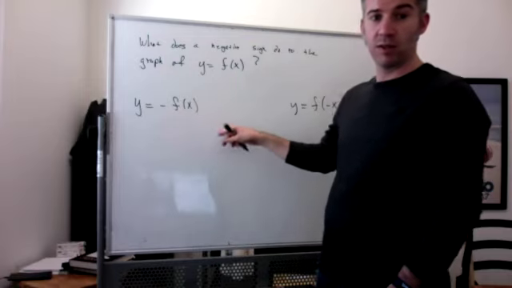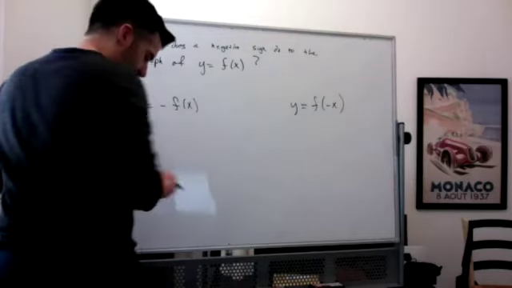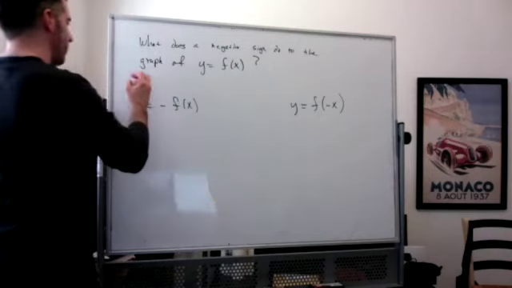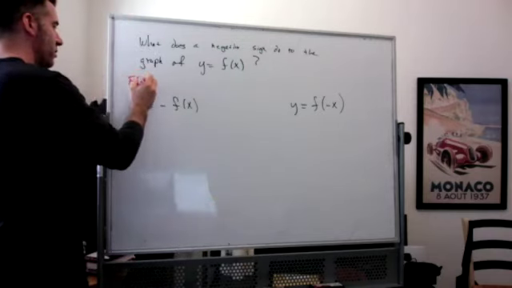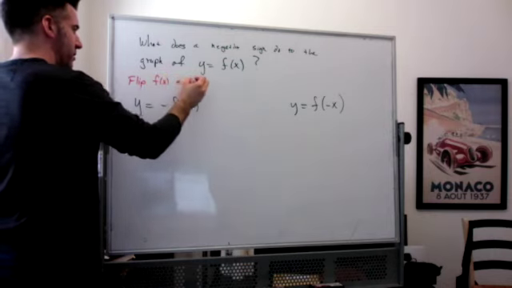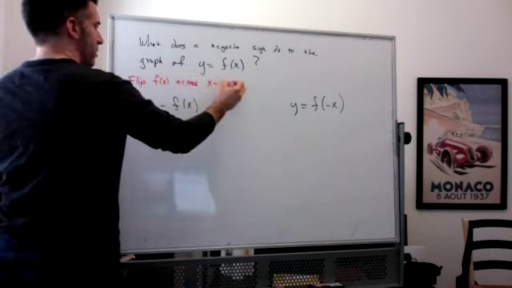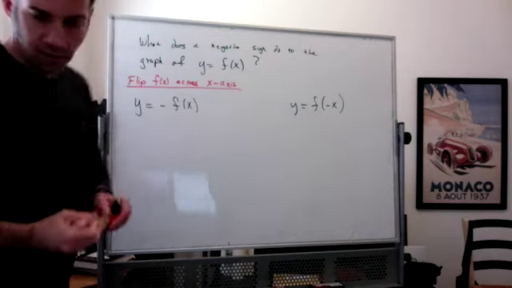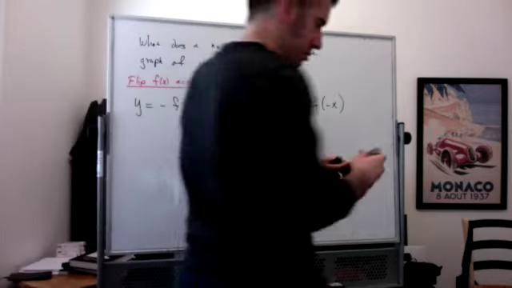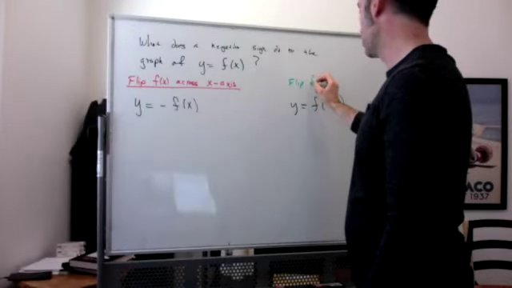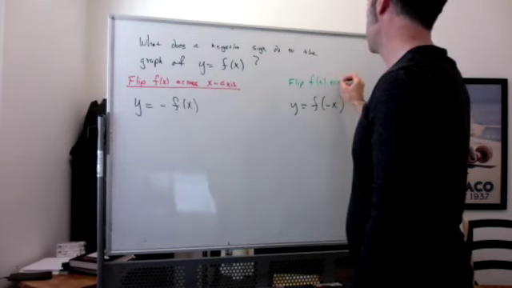So this here is going to flip the function across the x-axis. Whereas this one is going to flip the function across the y-axis.